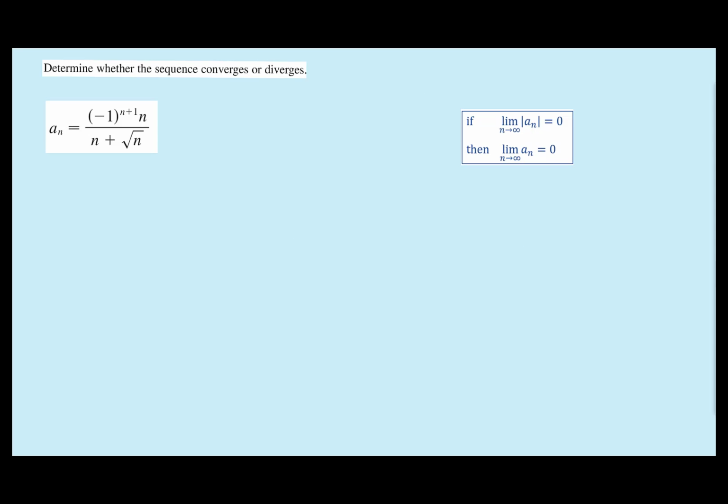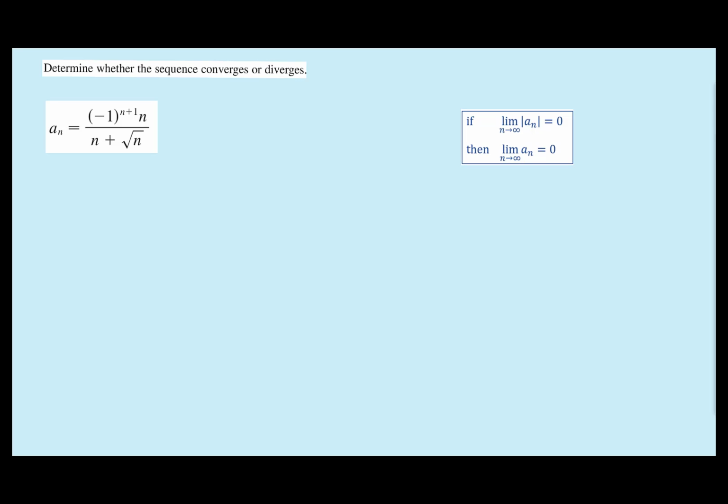The next question is an alternating sequence. So let's see if that little rule we saw in the lesson would apply here. If we take the absolute value of the nth term of a sequence and we see that it's 0 when we take the limit as n goes to infinity, then that means the whole thing will also be 0.